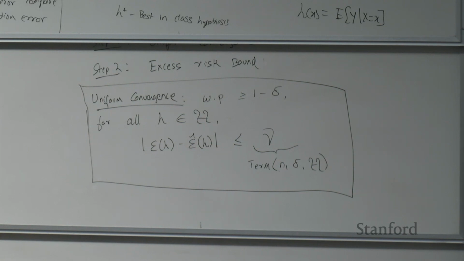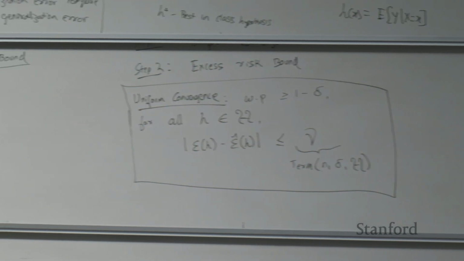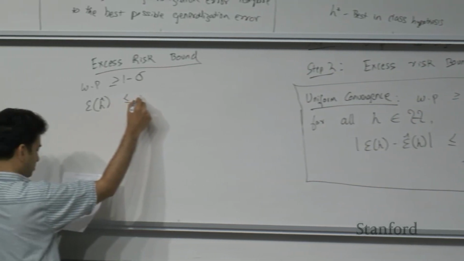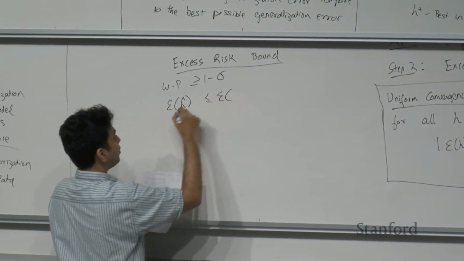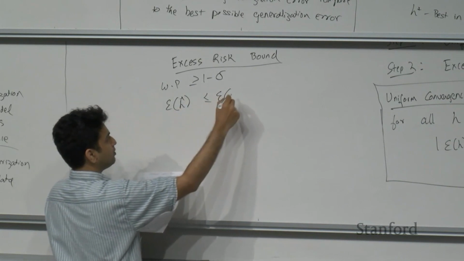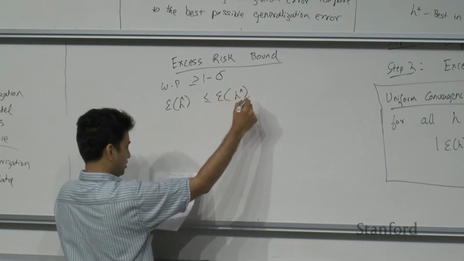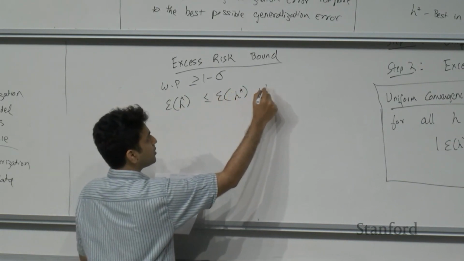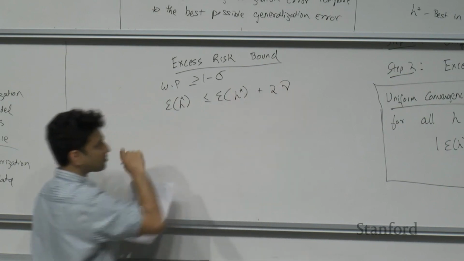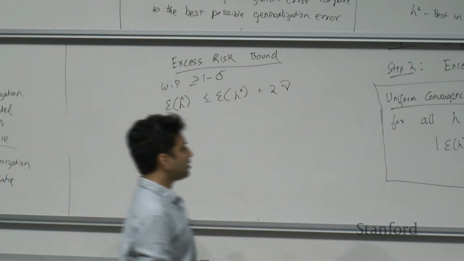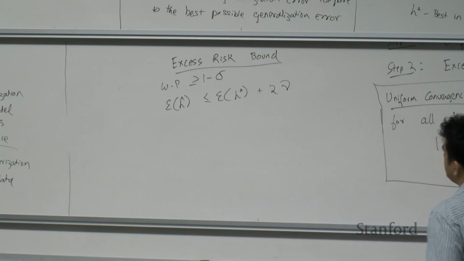So the excess risk bound result looks something like this: with probability greater than or equal to 1 minus delta, epsilon of h hat is less than or equal to epsilon of h star plus 2 gamma. This looks somewhat similar to the previous result, but it's pretty different.